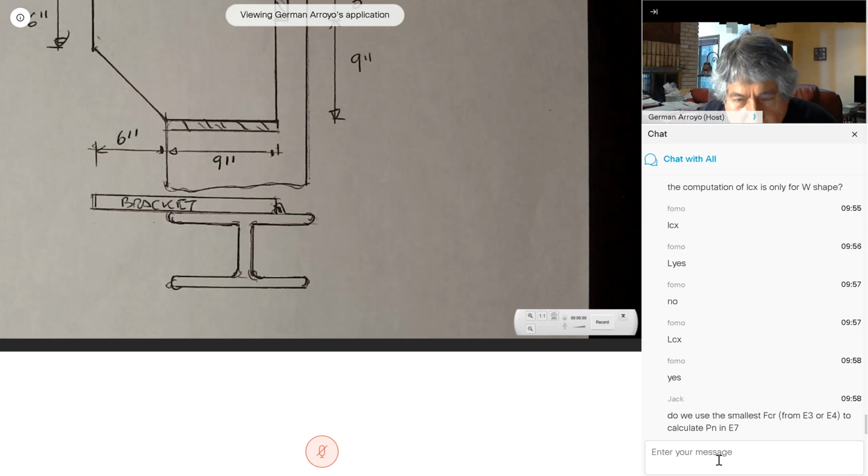So if we compute the design strength for a column based on flexural buckling, and we compute it based on torsional buckling, the smallest number controls. In the code, whenever we have to compute the capacity based on two different conditions, the smallest one will control. Any other question?